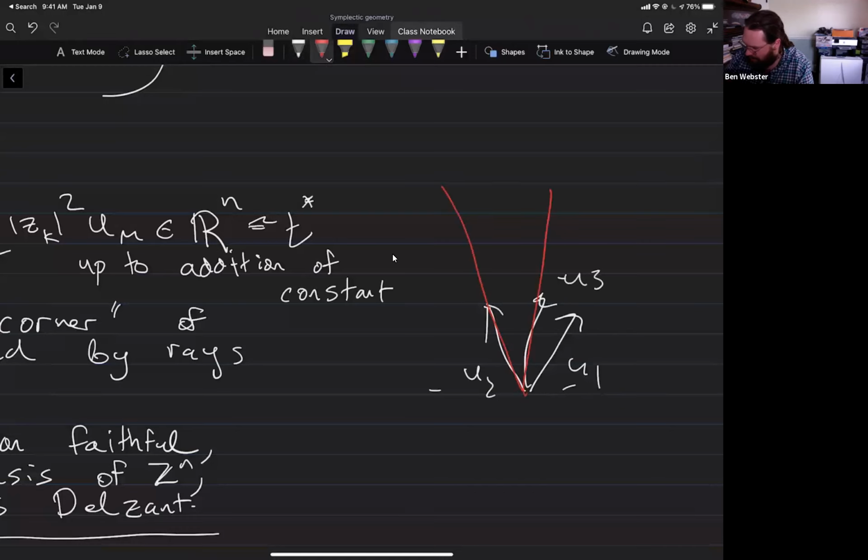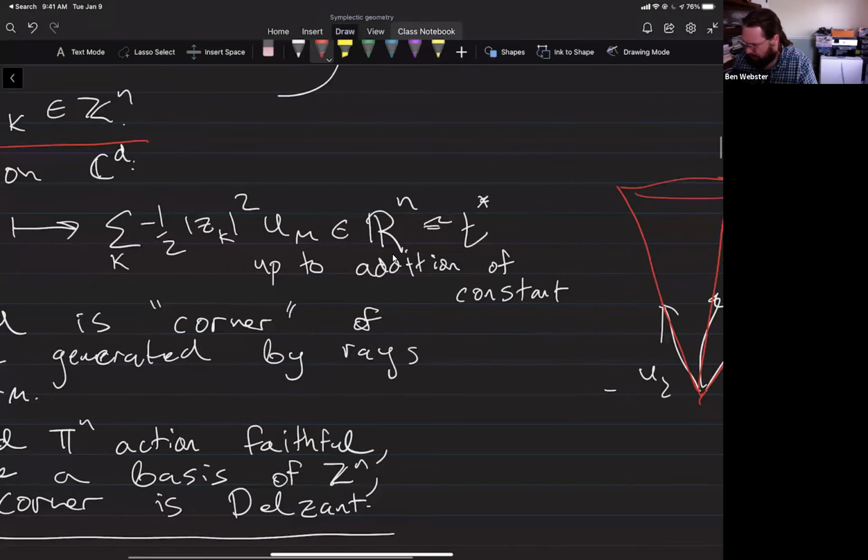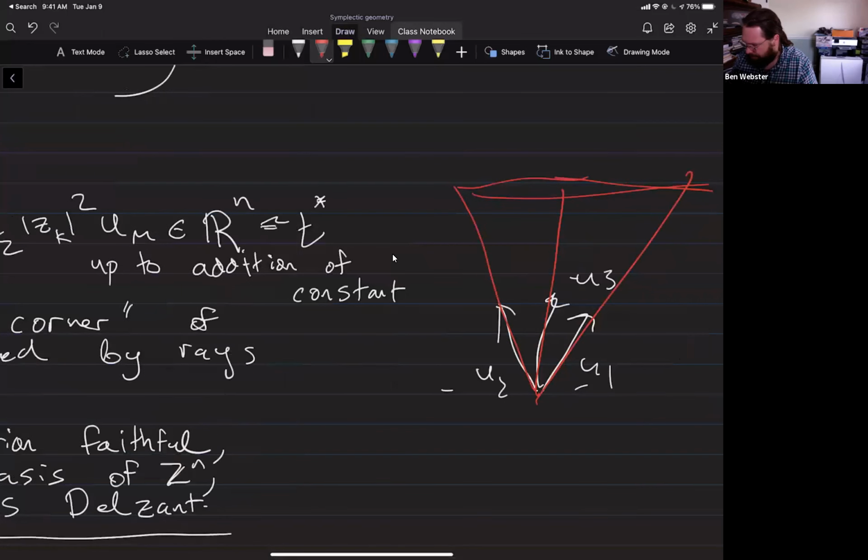And my moment map image is going to be the cone that I get by taking the rays spanned by these guys and taking the sum of all points in those rays. All right, so this is your first hint that polytopes should be appearing. Near a fixed point, I get something that looks like a corner of a polytope, the region around a vertex in a polytope. Cool.